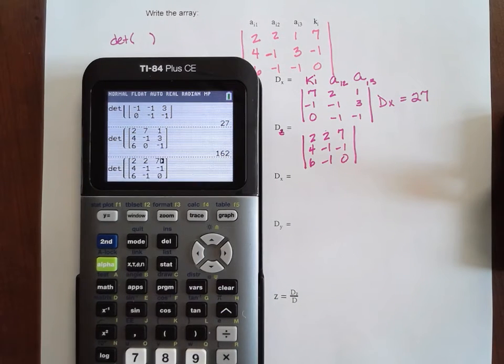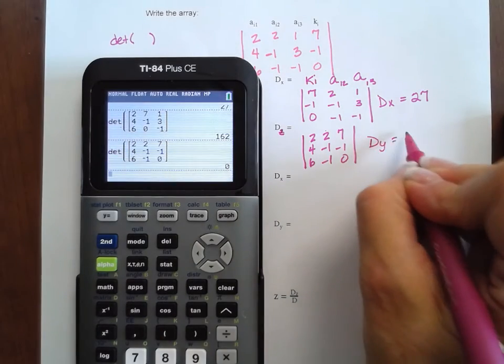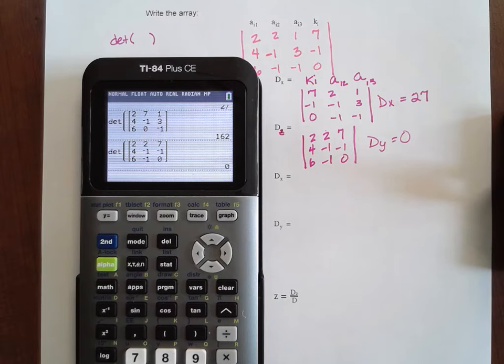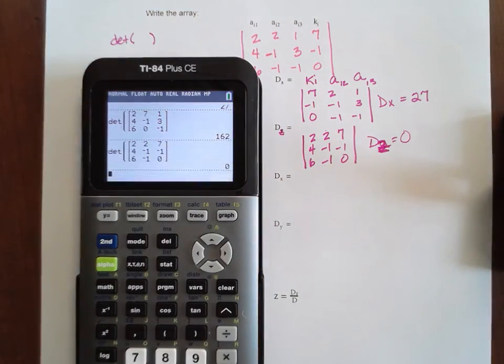On mine, I can just go back up to the very first one and hit enter, and it'll just put it back into the thing. Which gives me a 0.